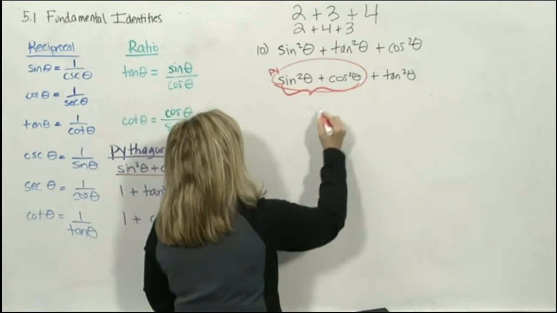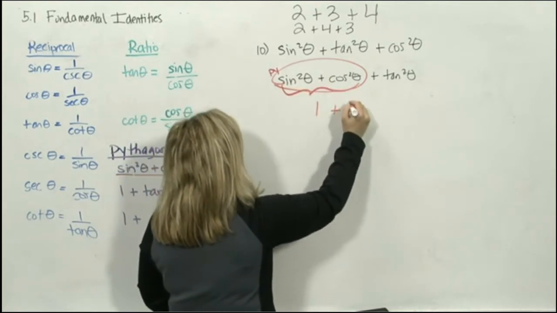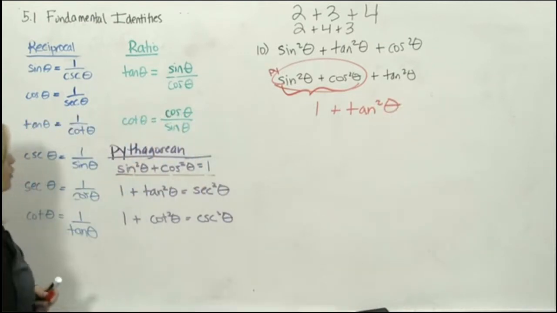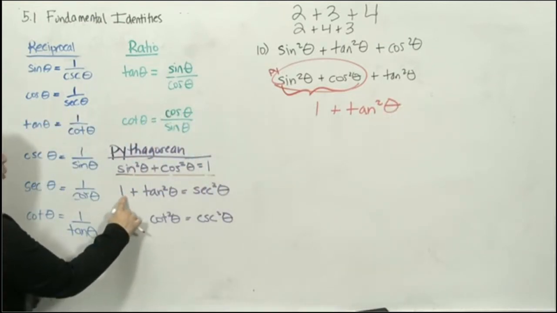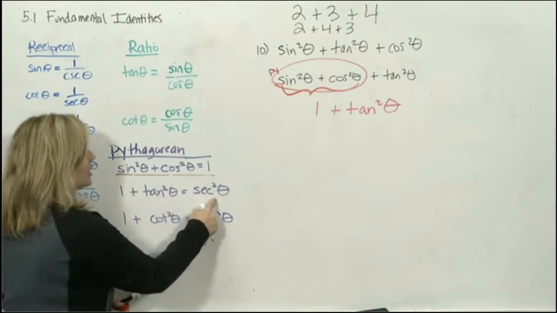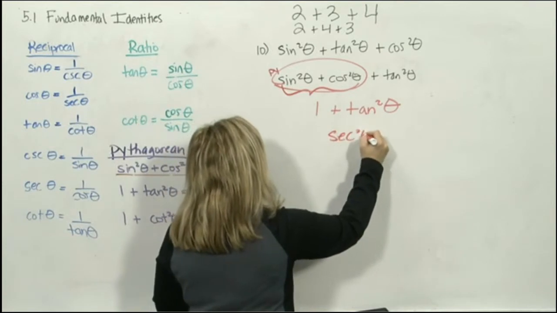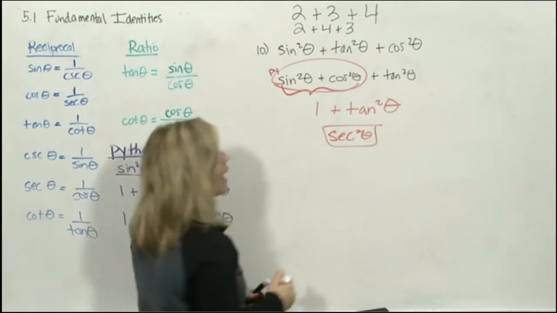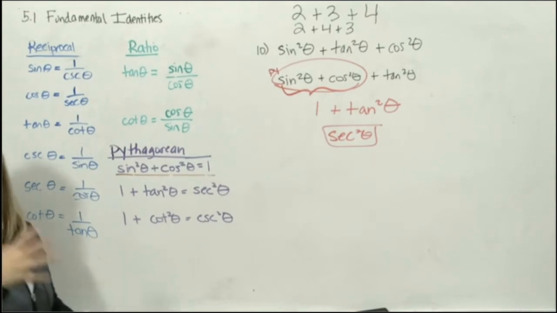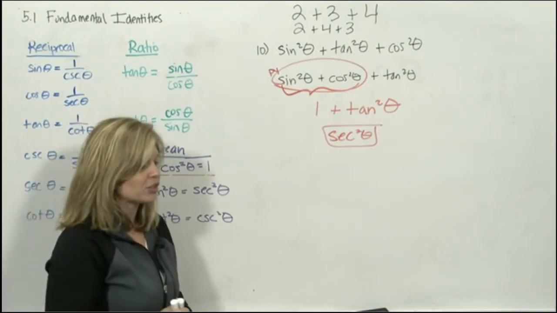So these two expressions add to 1. So now we have 1 plus tangent squared theta, which if we look at the Pythagorean identities, can get replaced, substituted with secant squared theta. And there's your answer as a monomial. So this is really hardcore algebra, thinking about your order of operations.